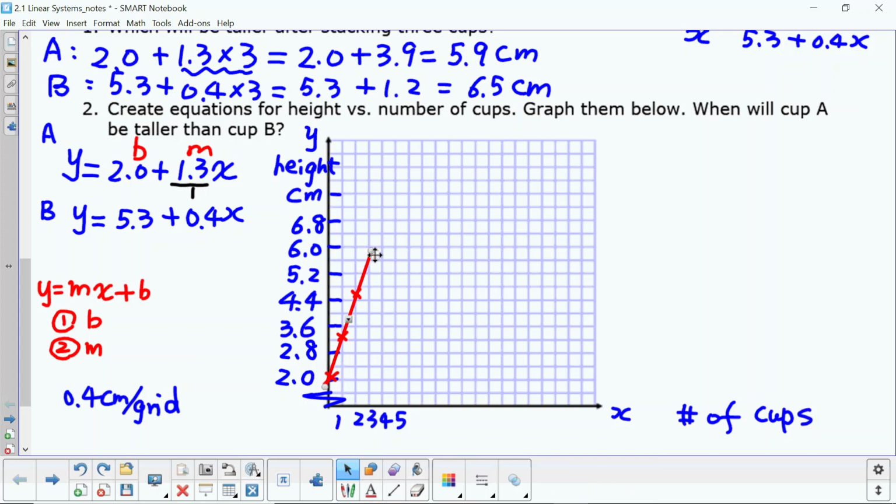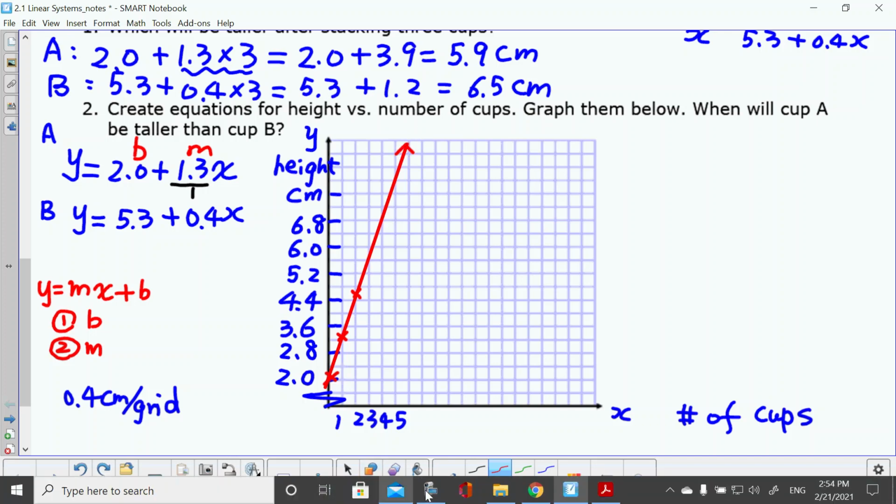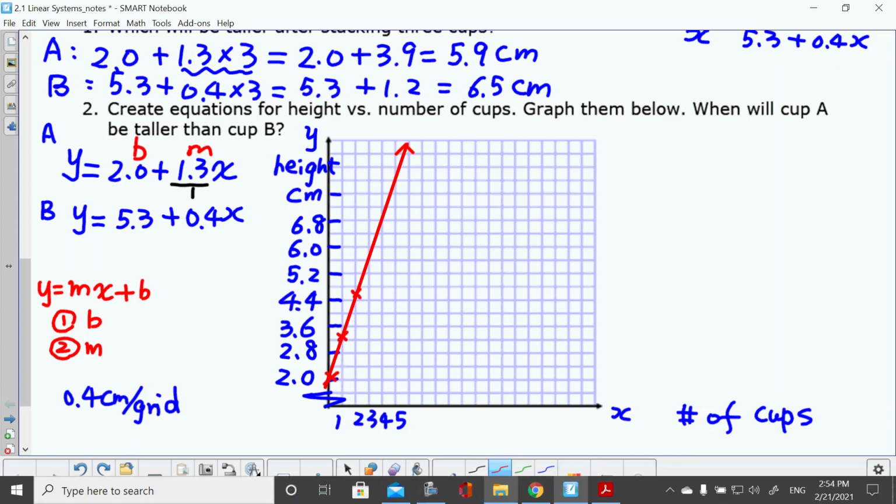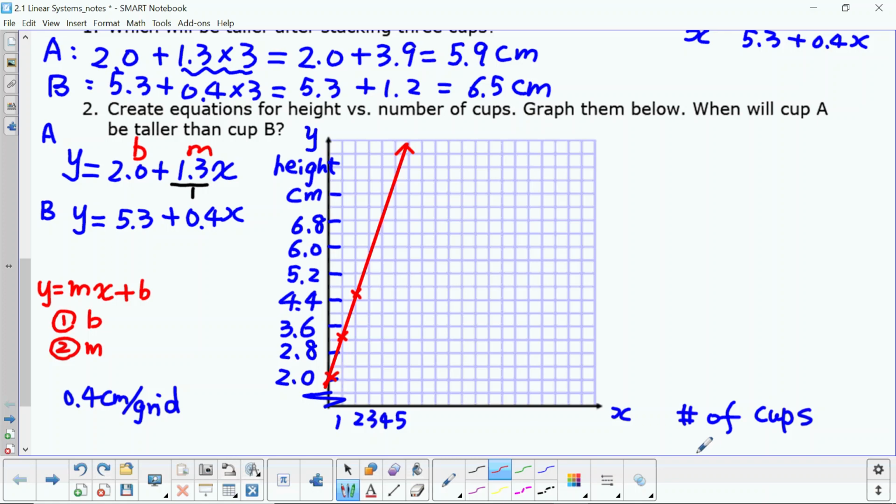We'll extend it a little bit. Then I will put arrows at the end of this one. After that, I will graph another one, and I will post it here. Please do the graph by yourself. Then we are going to see where the point of intersection is.